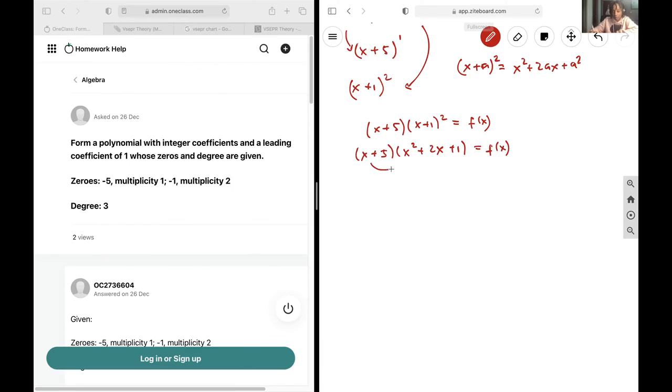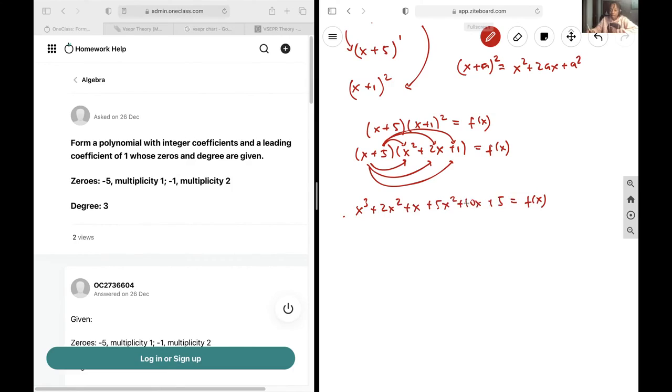And then now we just multiply x by all of these using FOIL, plus 5 by all of these using FOIL. Next up, we get x cubed plus 2x squared plus x plus 5x squared plus 10x plus 5 is equal to f of x.